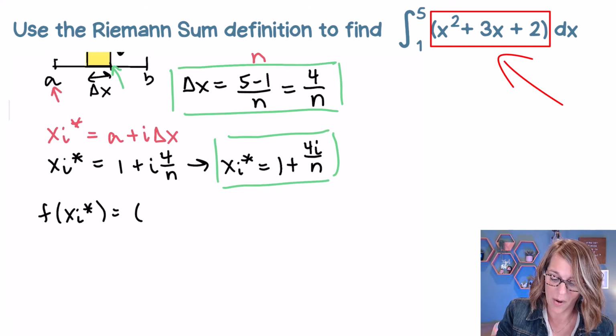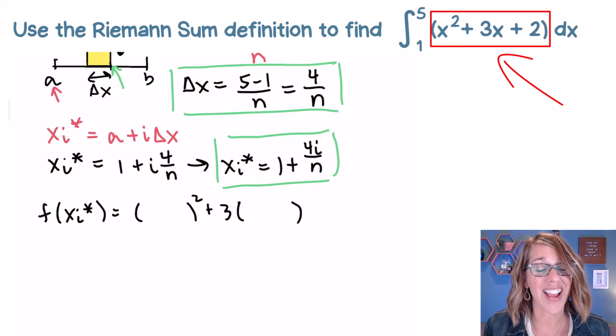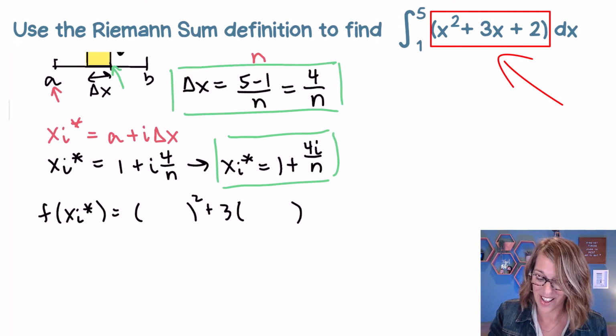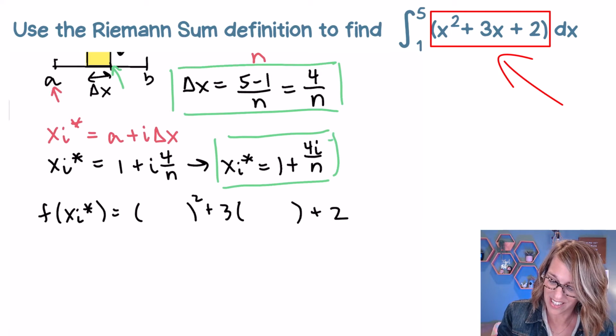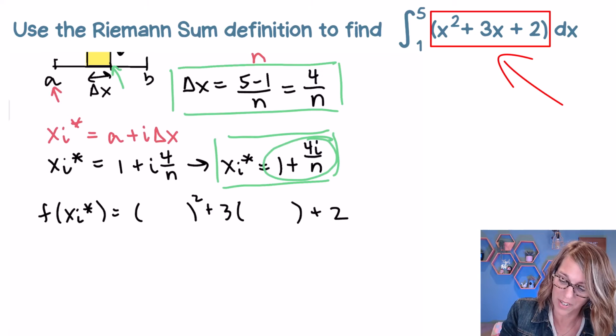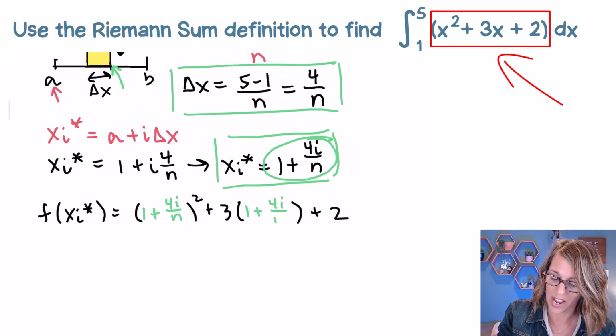So it's going to be our x squared plus 3 times our x, plus a 2. Our x is our x sub i star, so I'm going to take this value and put it in for x. So 1 plus 4i over n, 1 plus 4i over n.